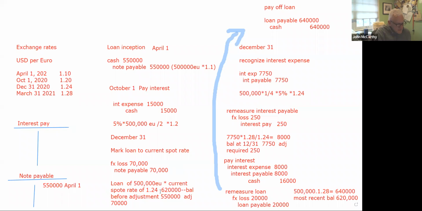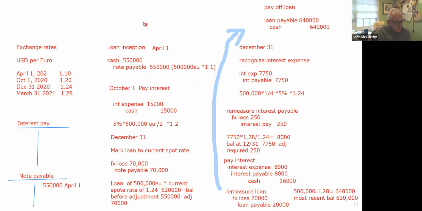Now it has to be 620, which is the 500,000 that's still outstanding times the current spot rate of 1.24. 500,000 times 1.24 is 620. We had 550, so we need an adjustment for 70. So it's going to be a debit to FX loss of 70.